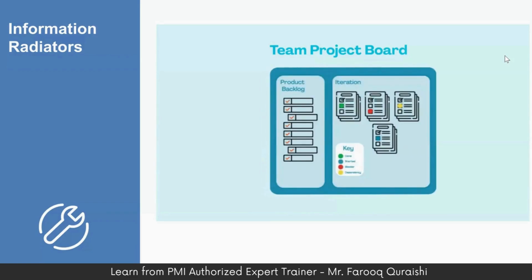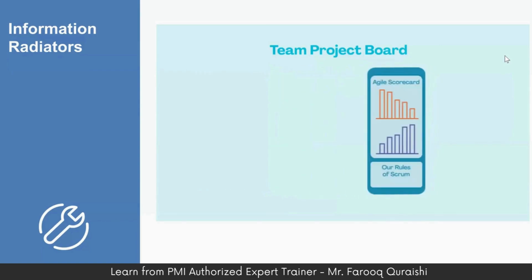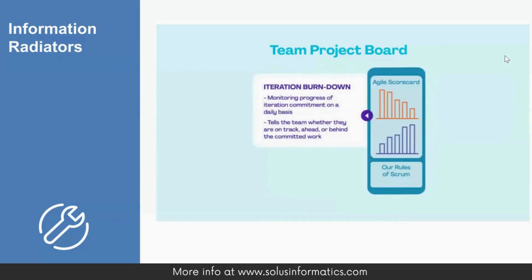The large center section of this example shows the product backlog. It also shows the iteration backlog, the specific tasks being worked on by members of the team in the current iteration. The far right section of this example shows the iteration burndown, the rate at which the team is burning through its customer stories. This can tell the team whether they are on track, ahead, or behind the committed work.